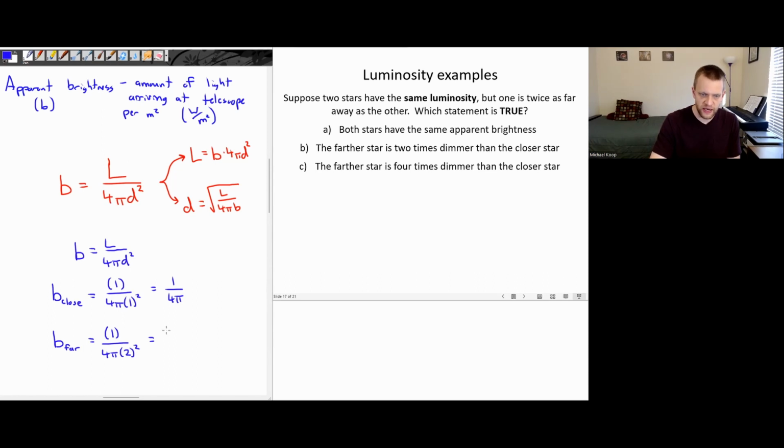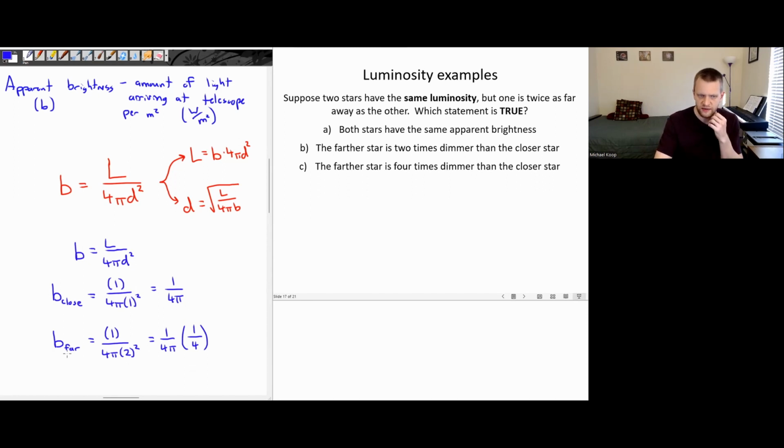So this is going to give me, I still get the 1 over 4 pi, but 1 over 2 squared, that's an extra 1 over 4 term. 2 squared is 4, so we have 1 over 4 multiplied in here.